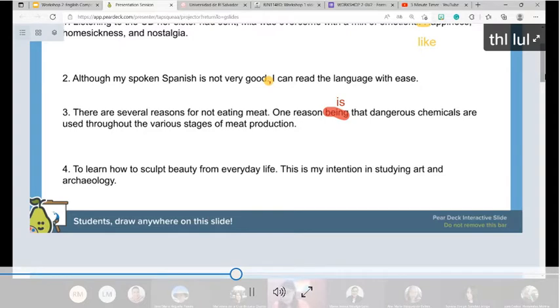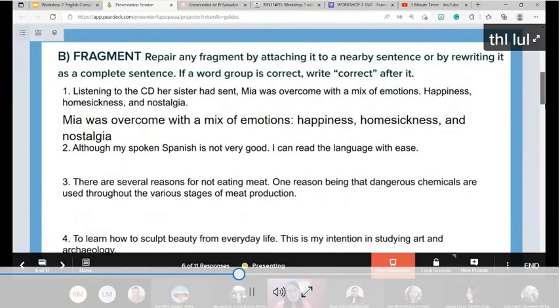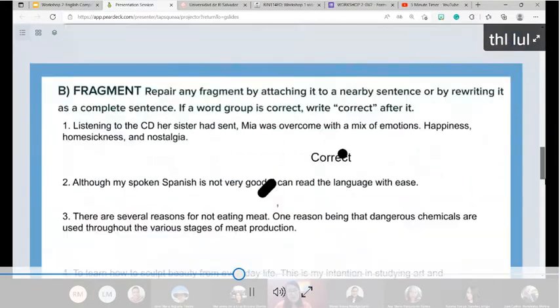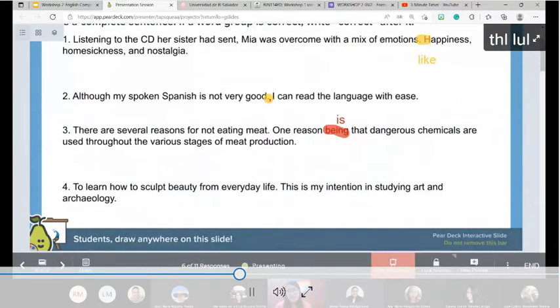One reason is that dangerous chemicals are used throughout the various stages of meat production. Nicely done. We are just adding a verb in order to make a sentence and correct the fragment. Now we still are waiting for sentence 4. Okay, there's a deleted response.